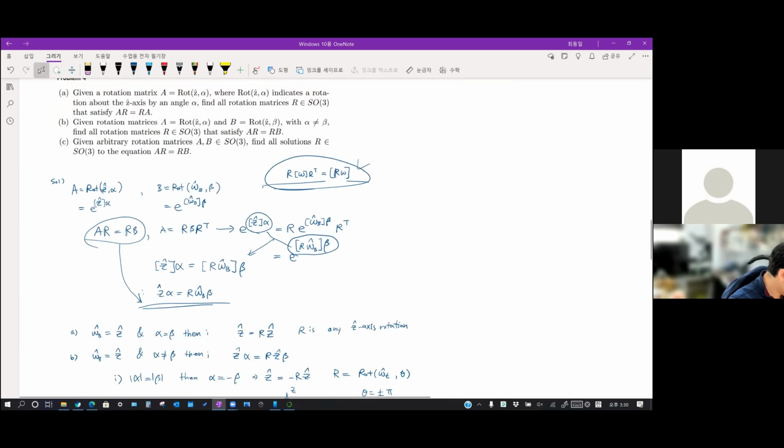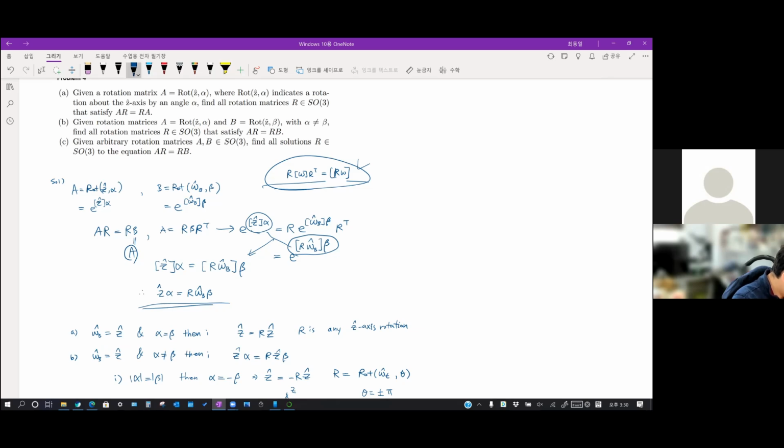So in A, find all the rotation matrix that satisfy AR equal RA. So if this omega B hat is equal, this B rotation equal A, then we can set omega B hat equal Z and alpha equal beta.